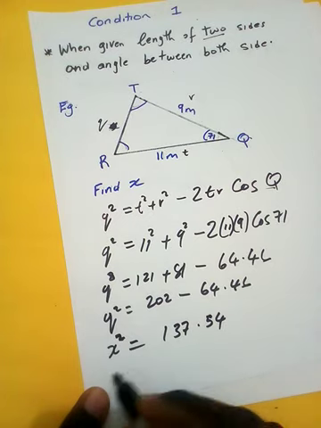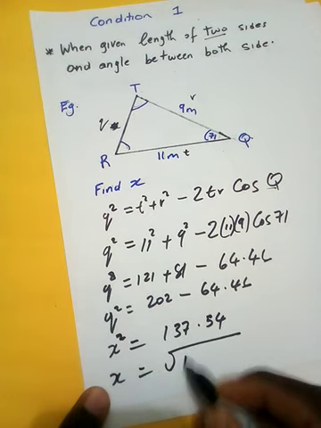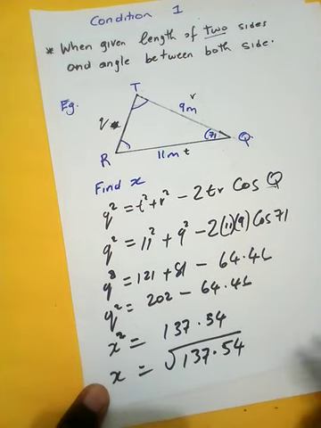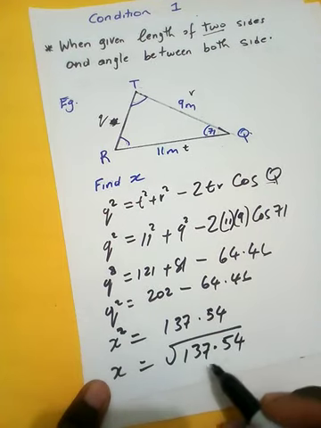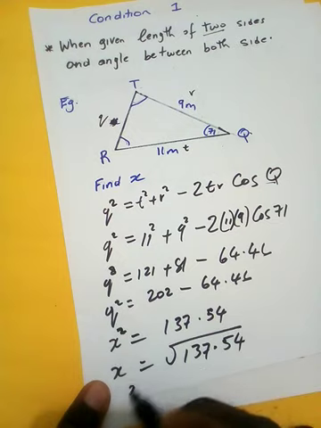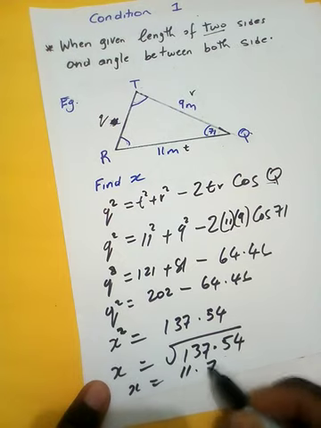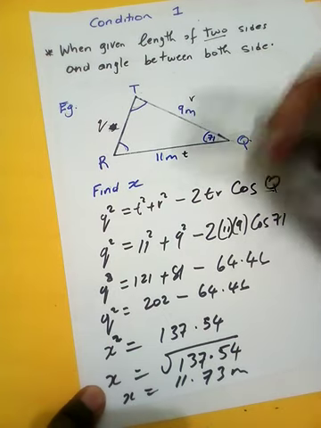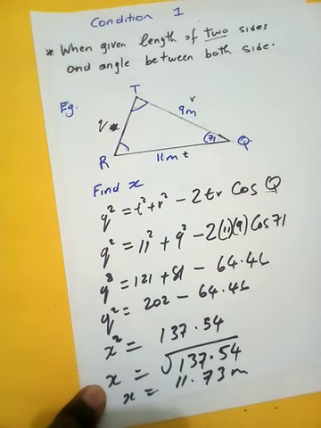If we square root both sides, we end up with x, and on this side the square root of 137.54 will give us x equal to 11.73 meters. So this is one condition. When you are given two sides and an angle between, we use the cosine rule.